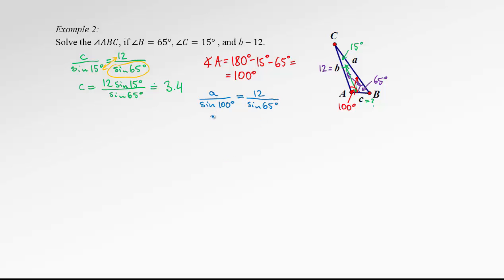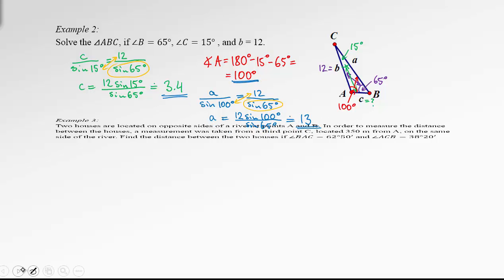So now to solve it for A, again, we multiply across and divide by the remaining value. That becomes 12 sine of 100 over sine of 65 degrees, which approximately equals 13.0 really, so 13 units. And our triangle is solved. We have two sides and one angle.